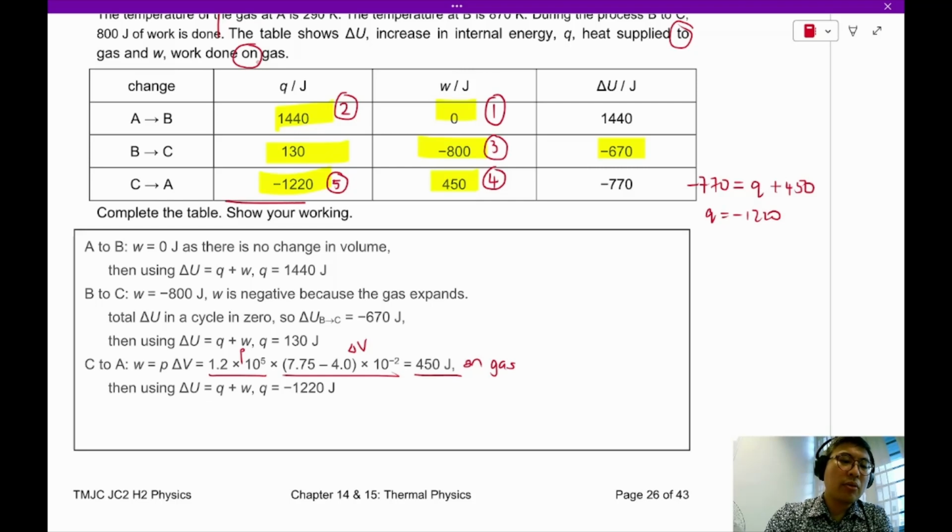Okay, so now we have two data points out of this whole column, and we know that delta U must be equal to 0. So we can find out that the last delta U over here is minus 670.